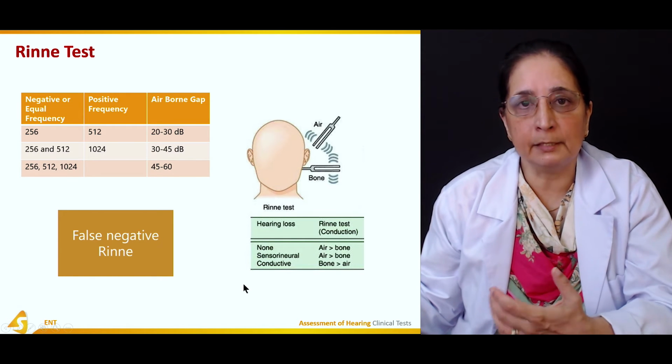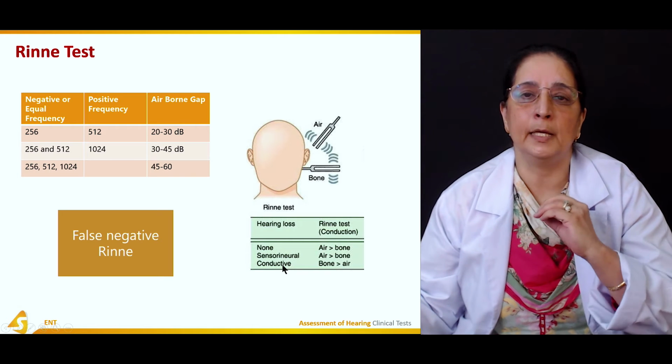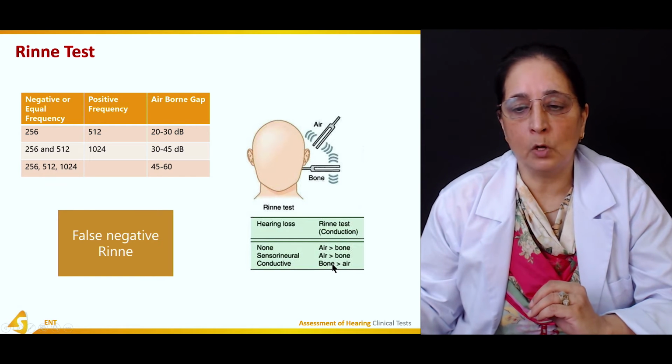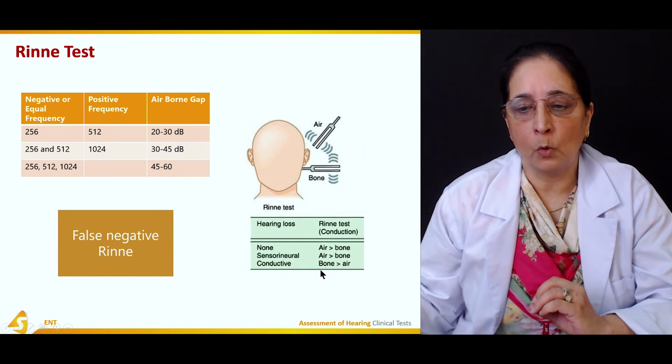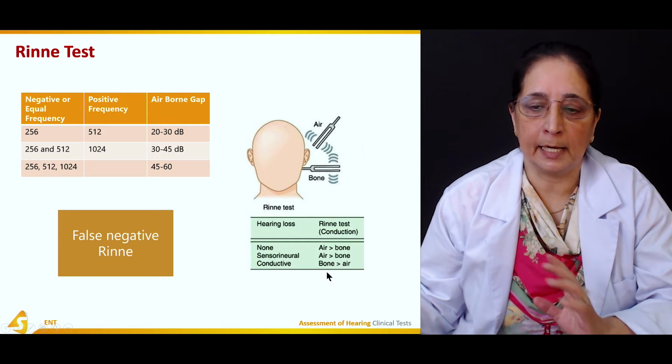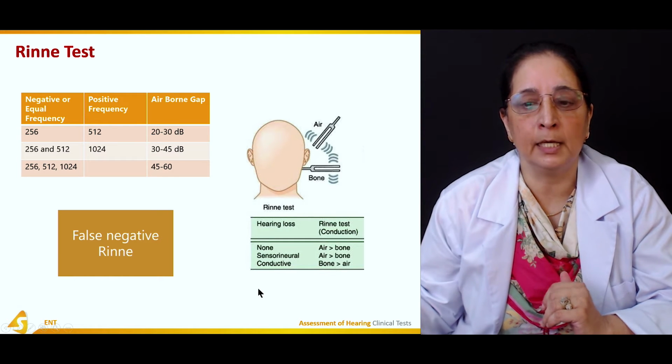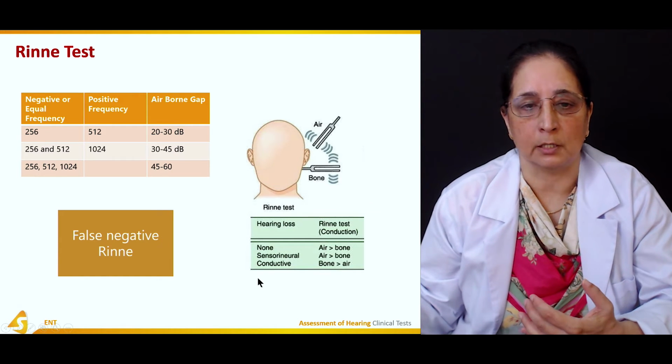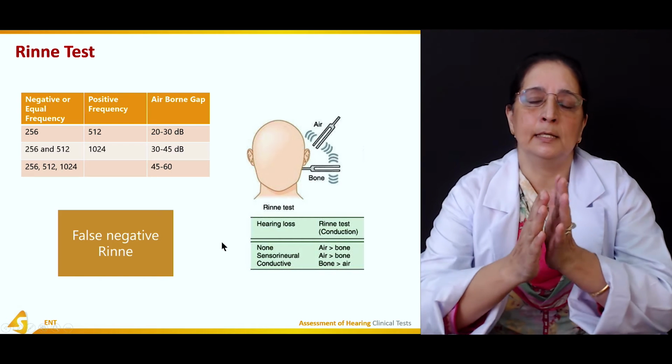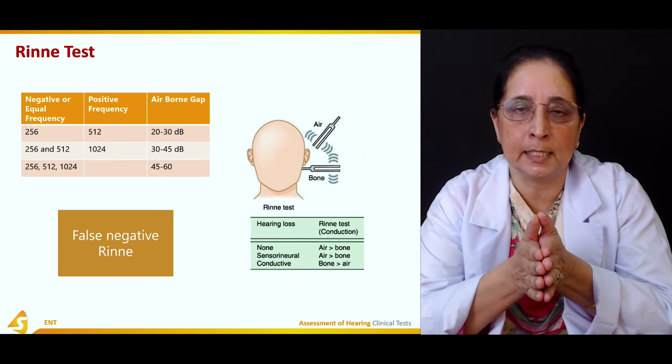But in conductive deafness, if there is a problem in the conduction, the bone conduction will be more than the air conduction. That's diagnostic of conductive hearing loss. So Rinne's test, let's see how you perform the Rinne's test.